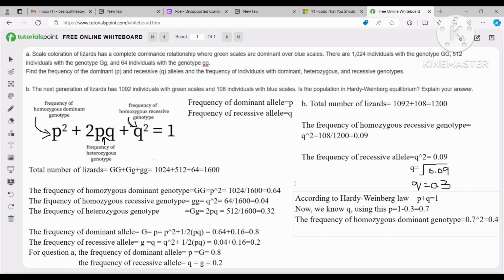If it is equal to 1, then you can say that the population is in Hardy-Weinberg equilibrium. So the allele frequencies are not going to change unless there is some disturbance from outside. Otherwise, these frequencies will be maintained at a constant rate throughout the generations.